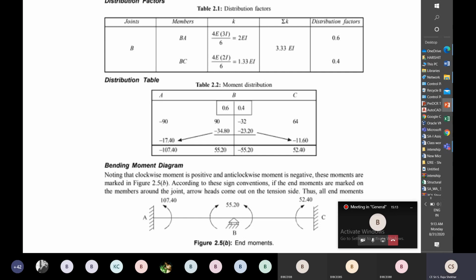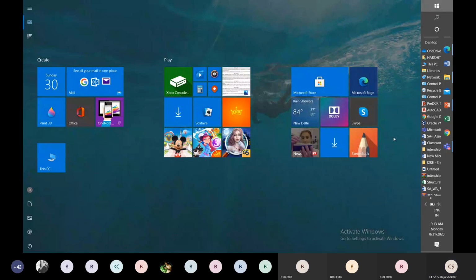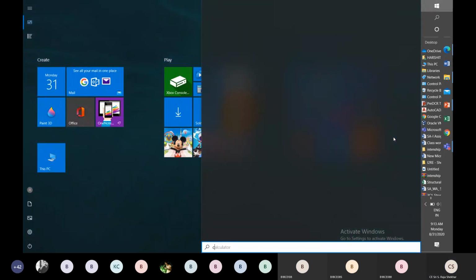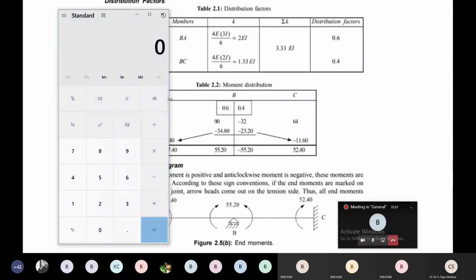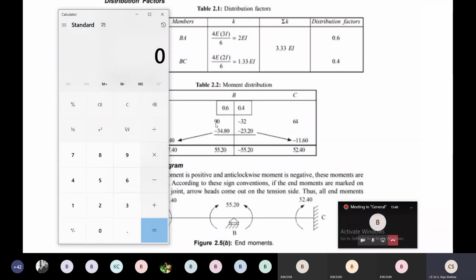For that, the first step is that we wrote the distribution factors and the fixed end moments. Now I want to take a calculator. Here we require a balancing moment.